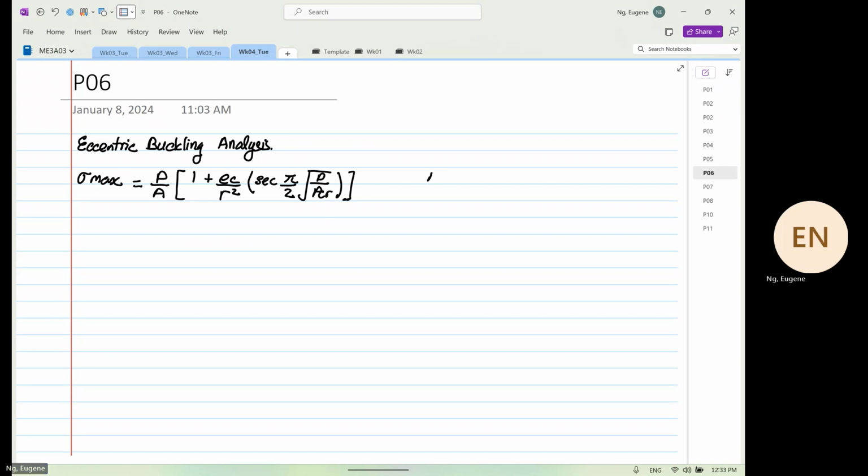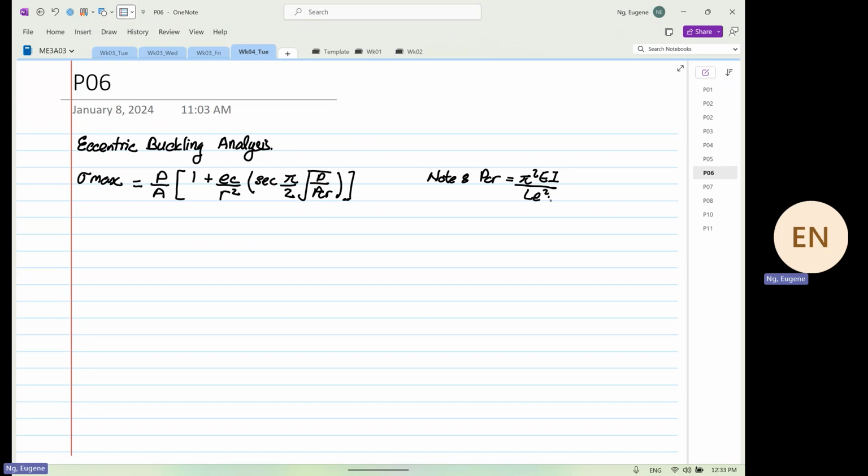And note that PCR will be equal to pi squared EI over the equivalent length.